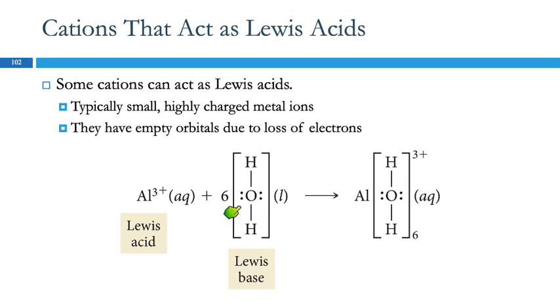And here we've got 6 water molecules, and they each have 2 lone pairs. So each water molecule can donate a lone pair to aluminum, forming a coordinate covalent bond, and we end up with this adduct, which happens to be a complex ion.